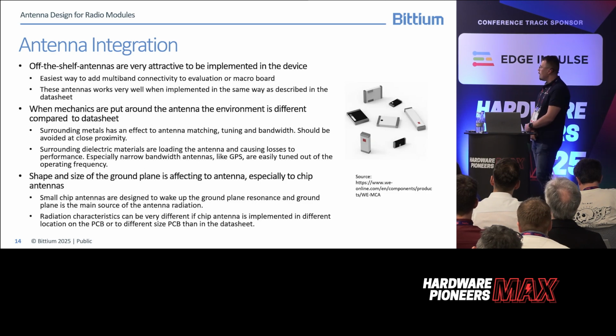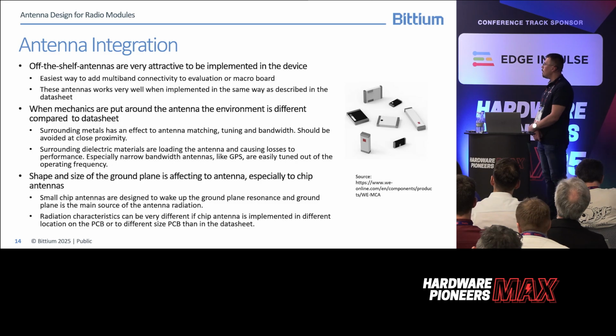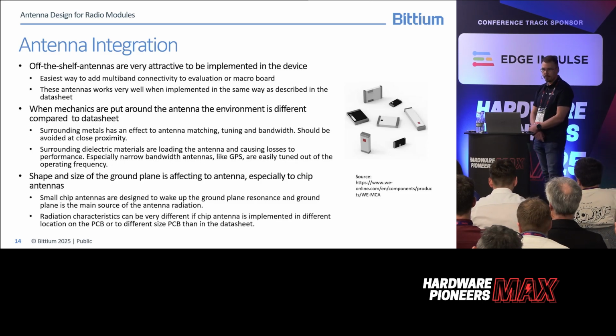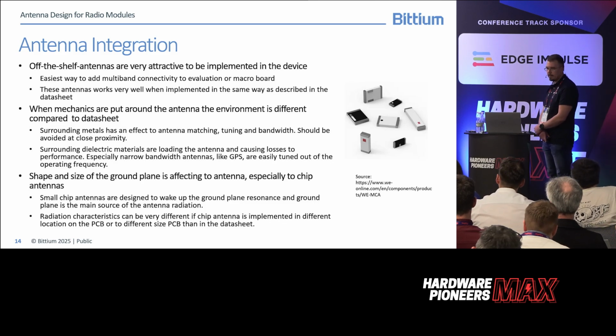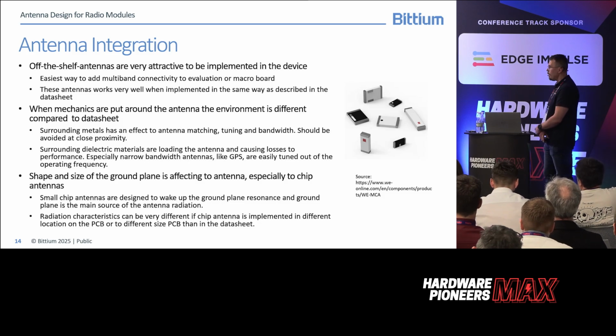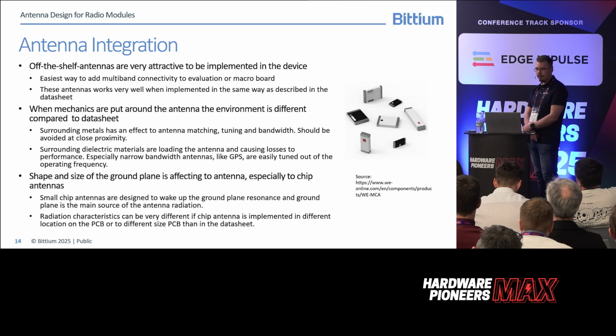Okay, about antenna integration. Off-the-shelf antennas are very attractive to implement in the device, and are one of the easiest ways to add multiband connectivity, for example, to an evaluation board or macro board. And these antennas work very well when they are implemented in the same way as described in the datasheet.